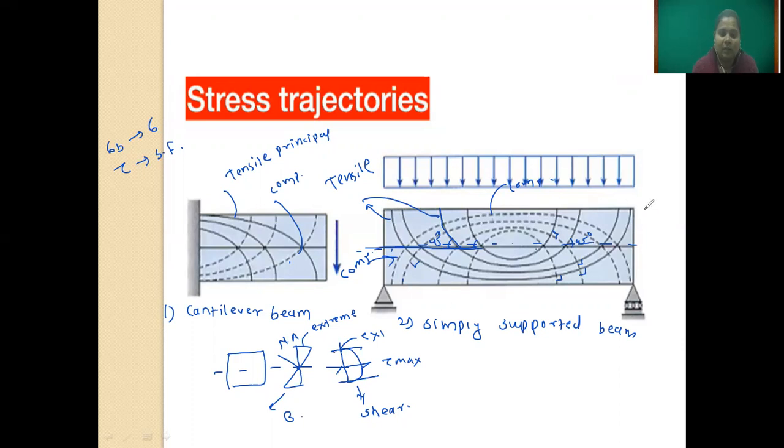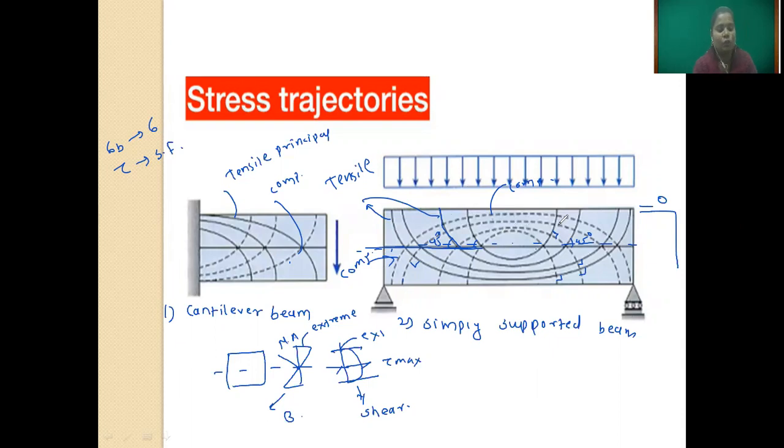So wherever shear stresses are zero, at that point stress trajectories are horizontal or vertical. So these stress trajectories give the principal stresses, but no information about the magnitude of stresses.